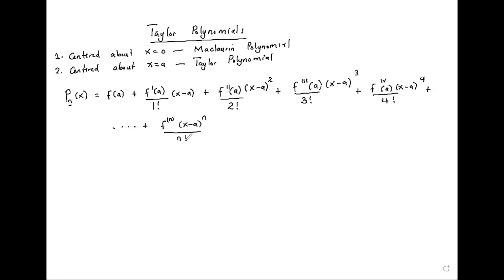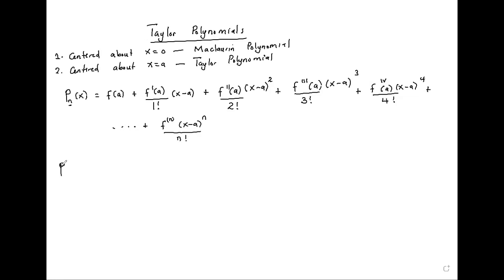So this is the whole Taylor polynomial centered at a of the nth degree. Now, this a can be 0. So if a is 0, then you have the Maclaurin.